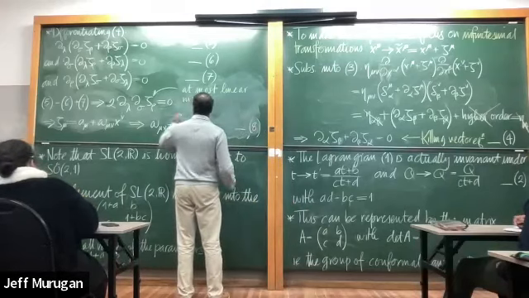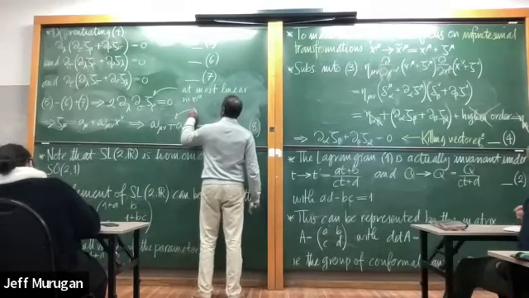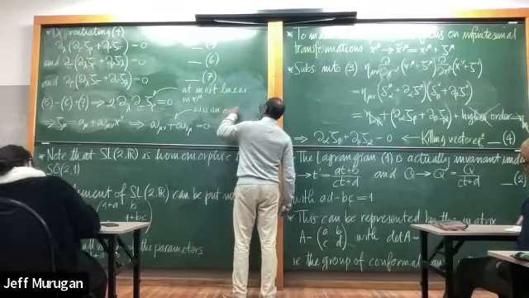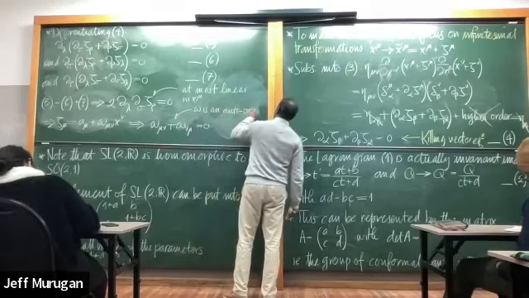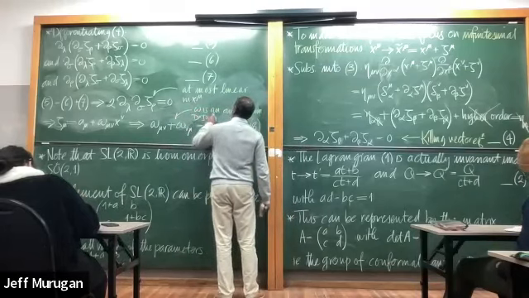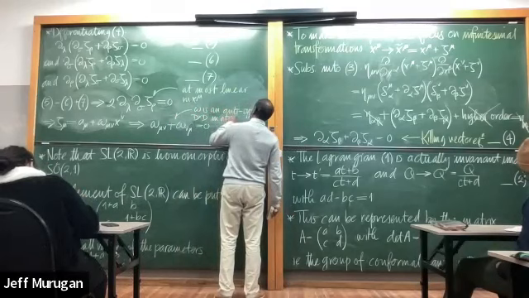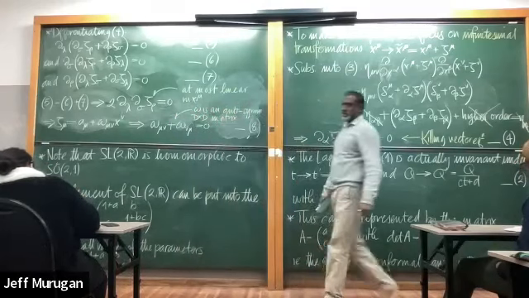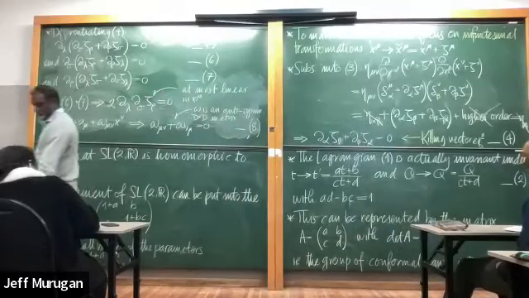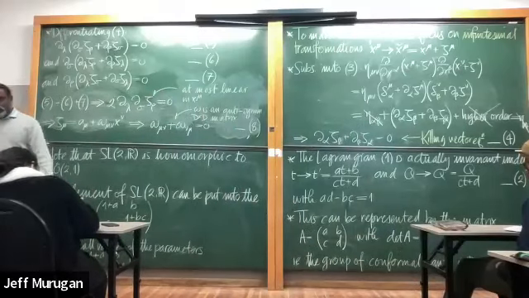Omega is an antisymmetric D by D matrix.